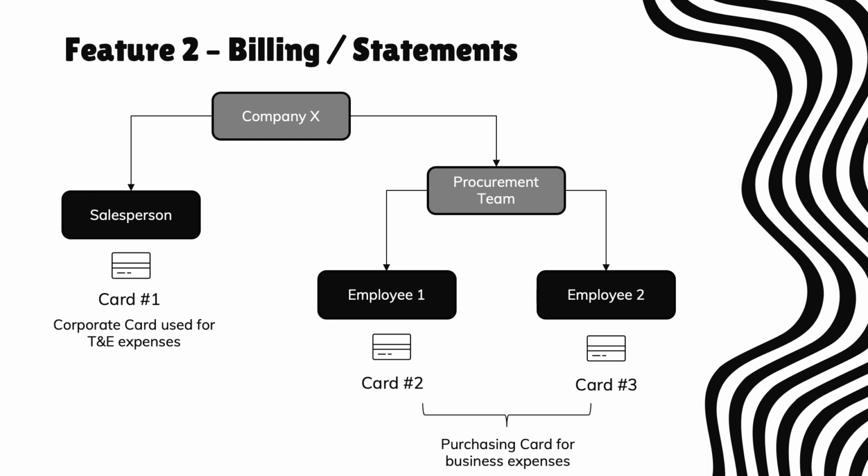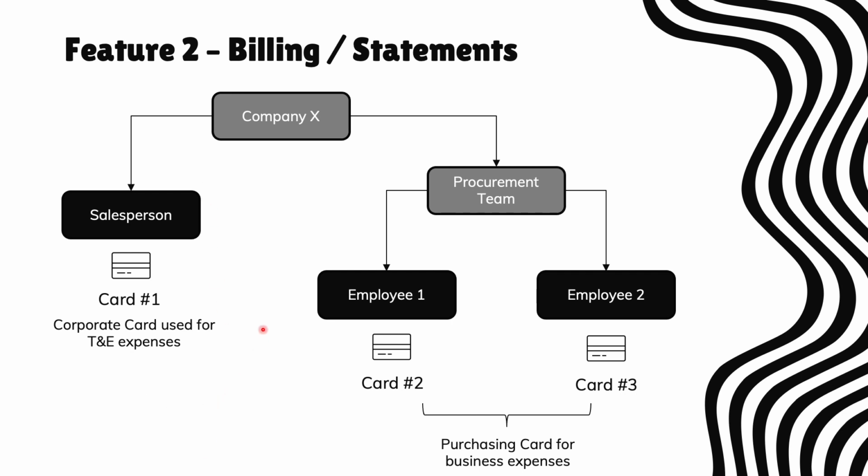Now let's look into the next feature, which is the billing and statementing. Before we look into this, let's look at a sample company hierarchy and see how commercial cards are issued. In this example, for a company X, a corporate card is issued to a salesperson towards T&E expenses, that is travel and entertainment expenses.